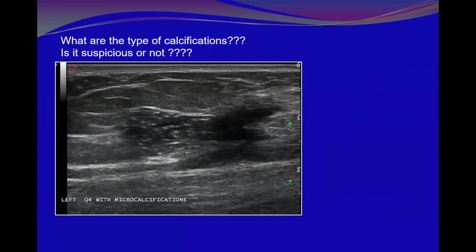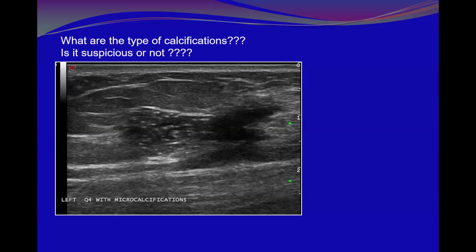But what about this one? Microcalcification associated with an area of architectural distortion. I think it is architectural distortion, this hypoechoic area. Now we know there are 3 descriptors of calcifications, so we have to be confined to the ACR descriptors.